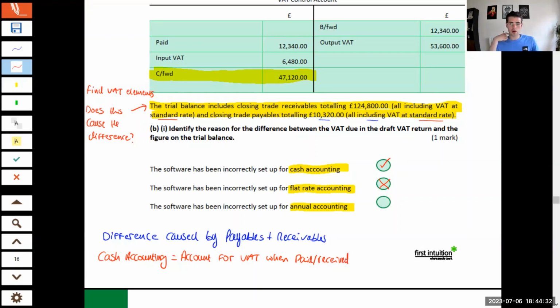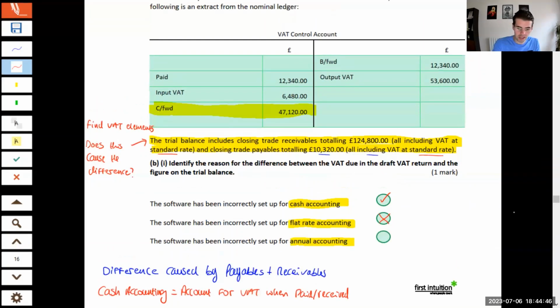So again, when we receive cash or when we pay cash, that is when we deal with the VAT element. Trade receivables and trade payables, we have not received the money yet, have we? It's recorded in our accounts like normal, but it wouldn't be recorded on the VAT return if we were using the cash accounting scheme, because we haven't paid or received that money yet. So that is what the difference is.